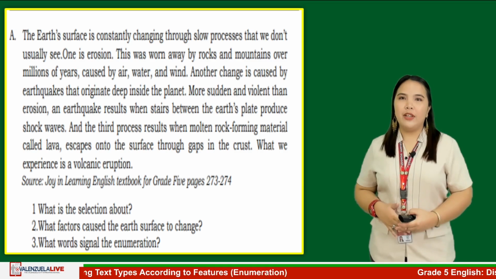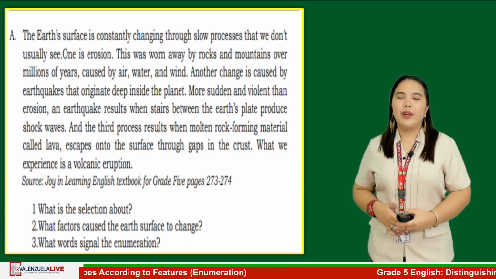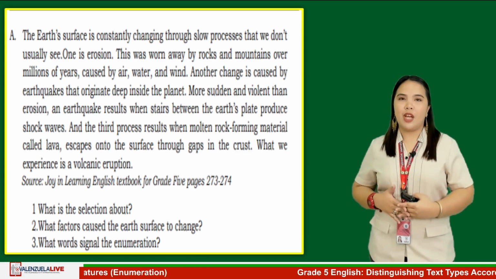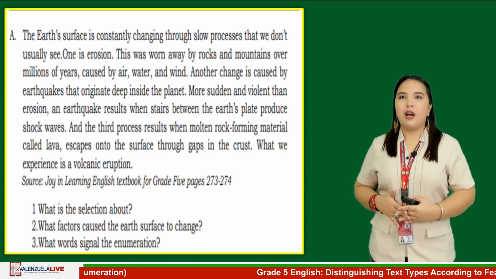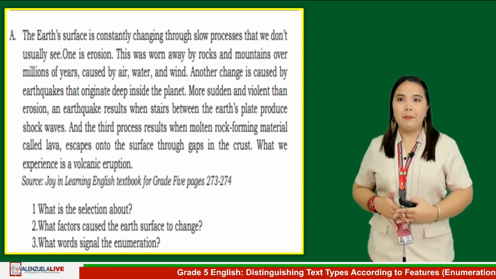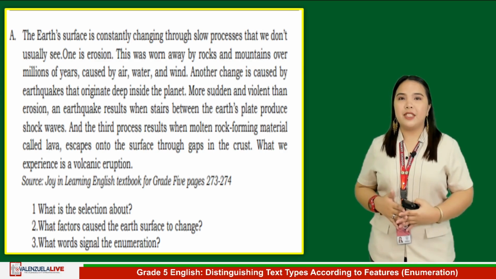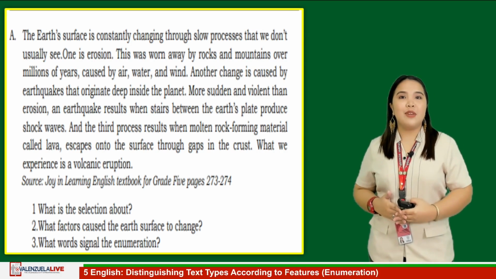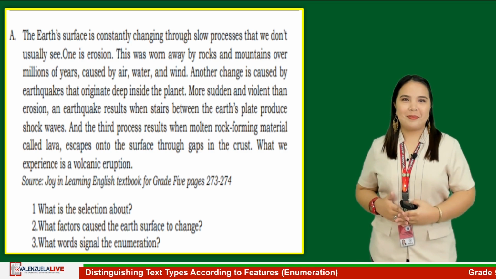More sudden and violent than erosion, an earthquake results when stress between the Earth's plates produces shock waves. And the third process results when molten rock forming material called lava escapes onto the surface through gaps in the crust. What we experience is a volcanic eruption.